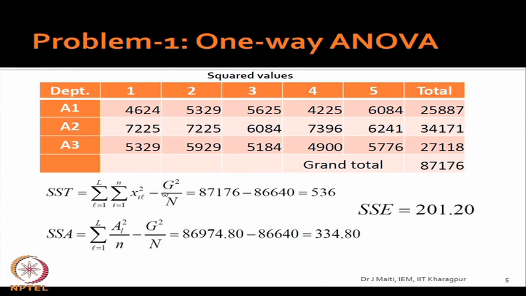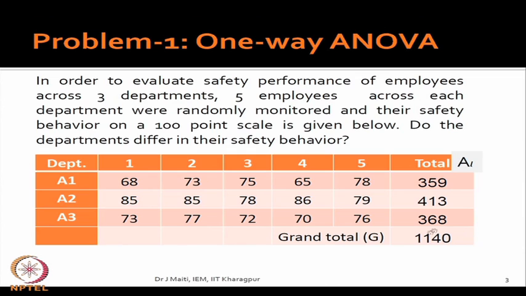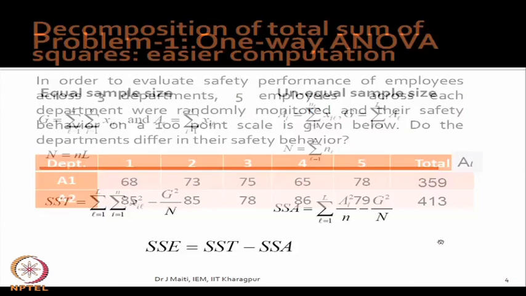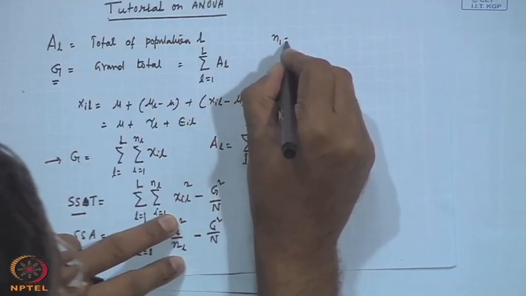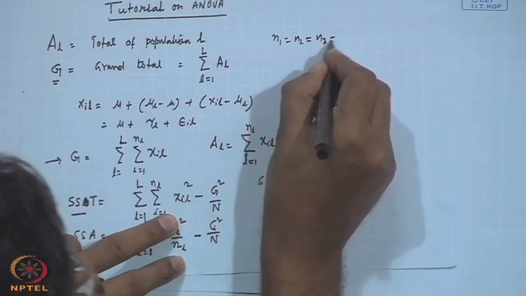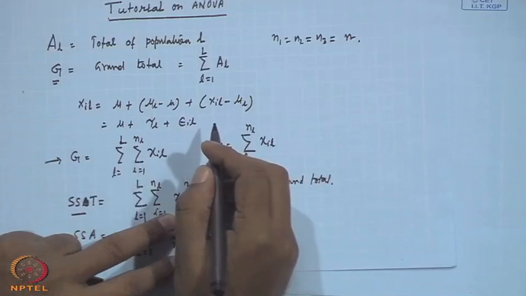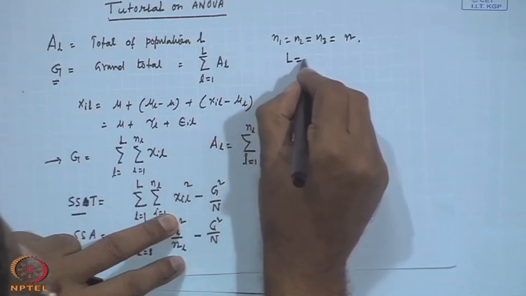G we have already found out. You see what is the value of G? G is 1140. So, 1140 square by N. What will be the value of N? N is the sum of NL over L. So, here in this case N1 equal to N2 equal to N3 equal to 5, and L equal to 3.